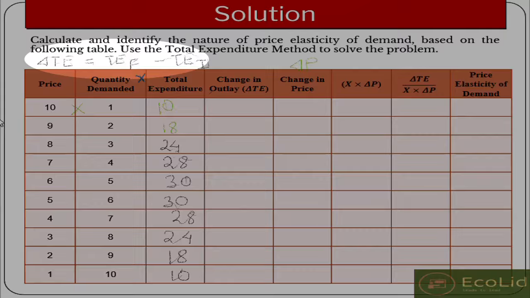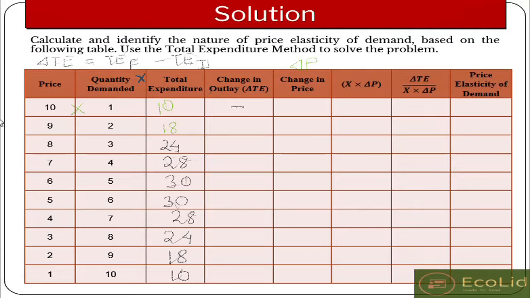Now in this case, for the first row there is no initial point, so we are starting now. So in this case we can ignore this row.